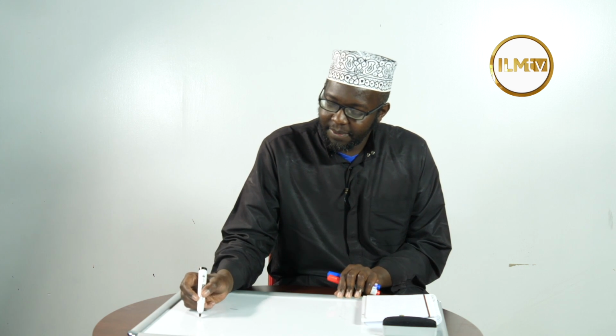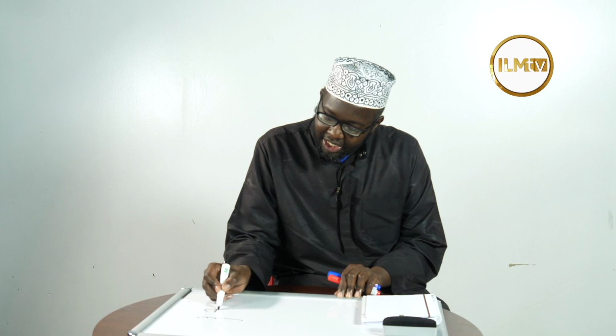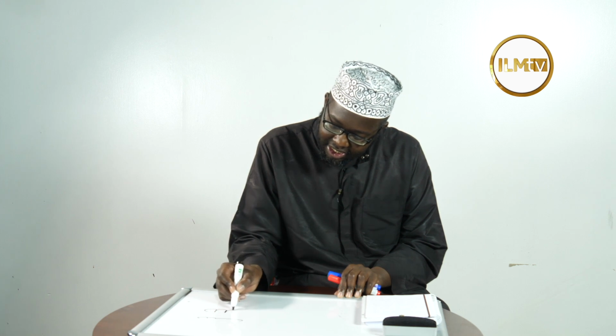For example, you find someone writing something that looks very easy. Actually, it is easy, but if you're not used to it, you might end up writing something like this. It's all okay.